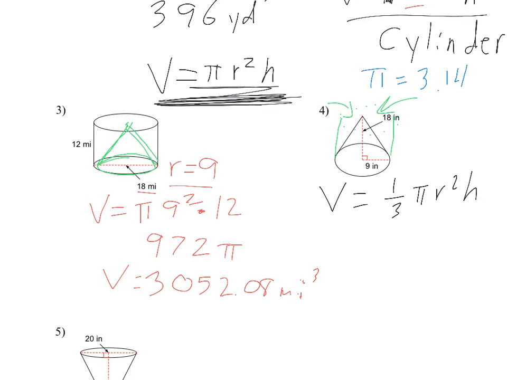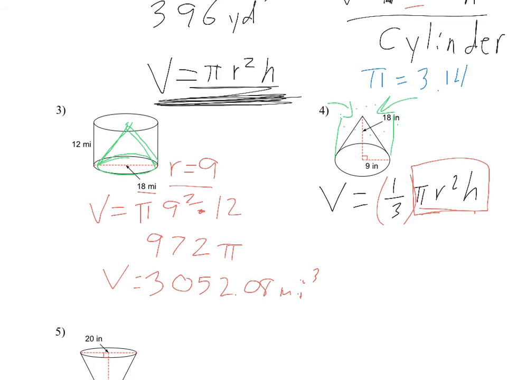Okay. Now for this, please don't panic about the 1/3. Just leave that until the very last calculation. Just find the volume of the cone by finding the volume of the cylinder of the same size, and then we'll deal with the 1/3 at the end. So we're going to worry just about this part right here, pi r squared h.